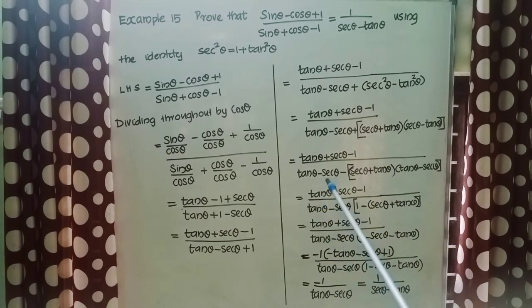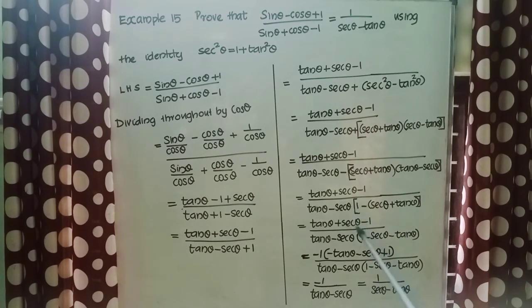So we get (tan theta plus sec theta minus 1) whole divided by (tan theta minus sec theta) into (1 minus (sec theta plus tan theta)). Now let us remove this bracket. We get (tan theta plus sec theta minus 1) whole divided by (tan theta minus sec theta) into (1 minus sec theta minus tan theta).